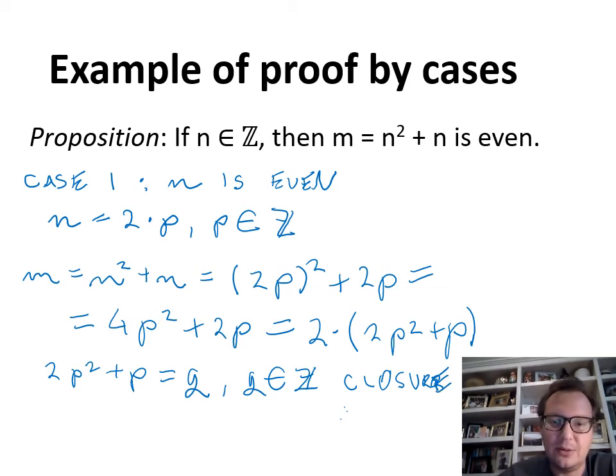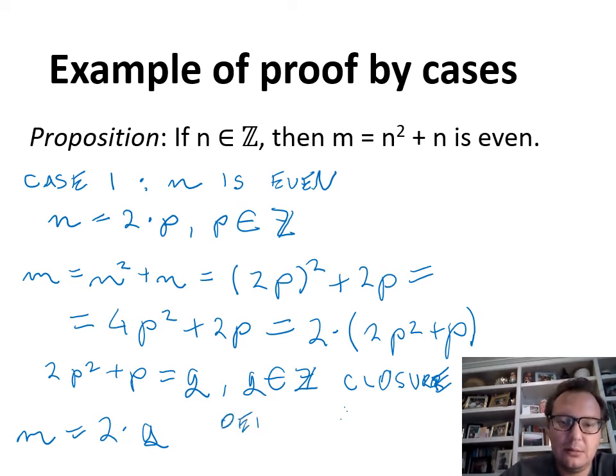Wonderful. So once we do that, we get that m is equal to 2 times q. And by the definition of even, that means that m is even.